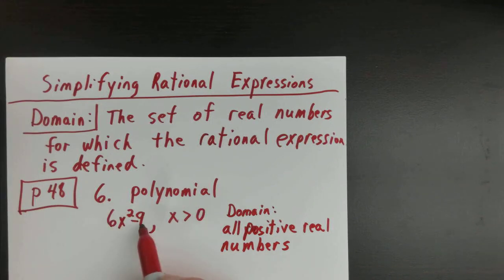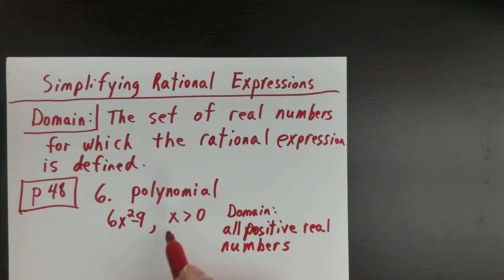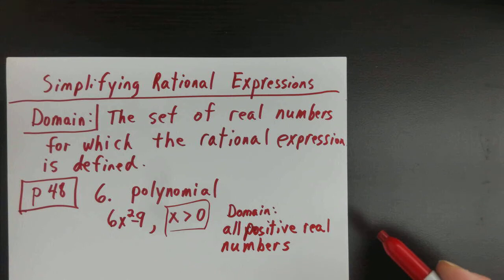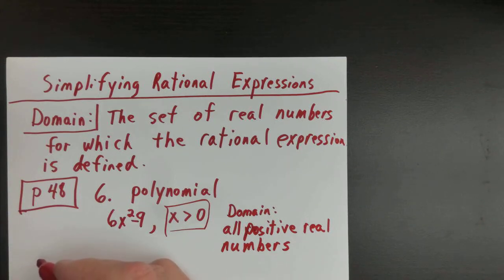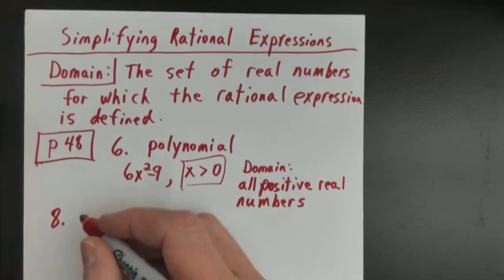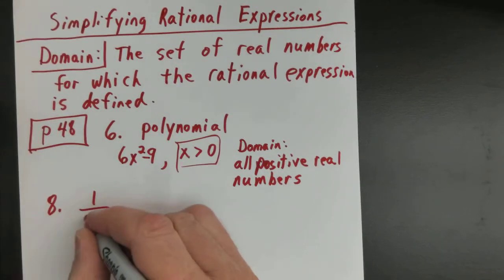So for a polynomial, usually it's all real numbers unless they tell you differently, and that's what they did on number 6 here. Now, if I get ratios like number 8, that's kind of a rational function, like 1 over x plus 5.